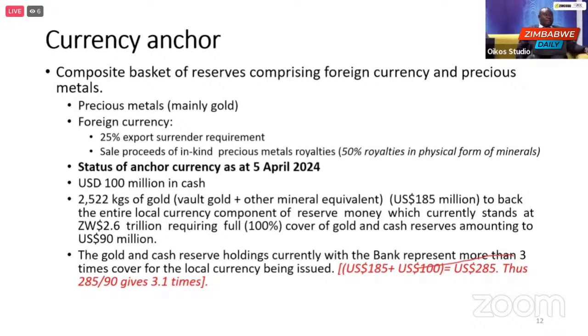So as at 5 April 2024, we had $100 million declared in cash by the central bank, 2.522 kgs of gold, which consists of vault gold plus other mineral equivalent. Then that amounts to 185 million of gold to make the entire local currency component of reserve money, which currently stands at 2.6 trillion, equivalent to about 90 million.